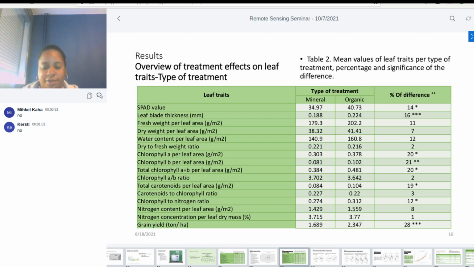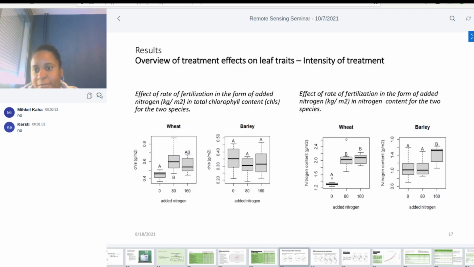With mineral, the soils were only fertilized with nitrogen salts, while in the organic type of treatment, manure was included in the fertilization compounds. So we can see that the organic treatment turned out to have higher values for all the pigments than the mineral type of fertilization.